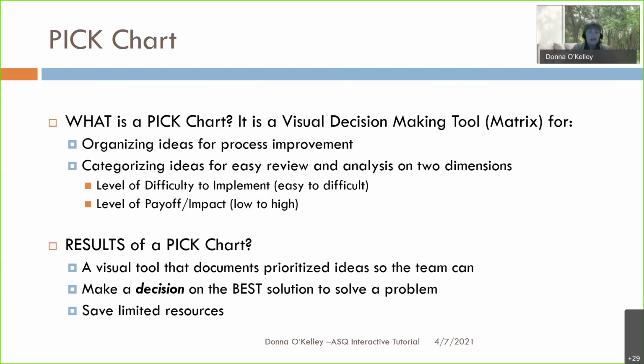So we use this because it's a visual decision-making tool. This is one of the charts or graphs that I talk about in my class. Our class is separated into the define, measure, analyze, improve, and control.